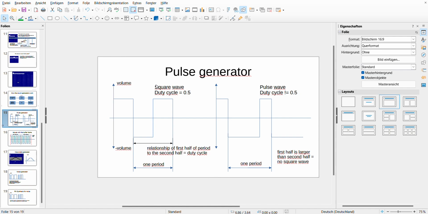So when we have a pulse wave like on the right, the duty cycle is a number different to 0.5, let's say 0.75. That means that a 100 Hz signal has one half of its signal that is 441 times 0.75 equals 331 samples large, while the other half has 1 minus 0.75 equals 0.25 times 441 samples equals 111 samples large.